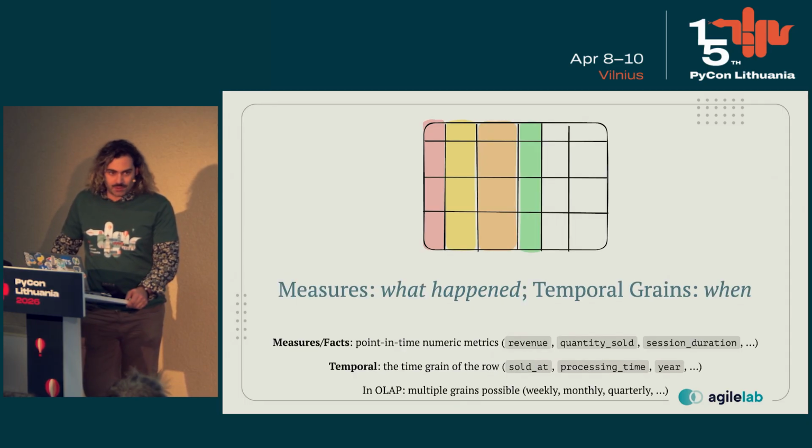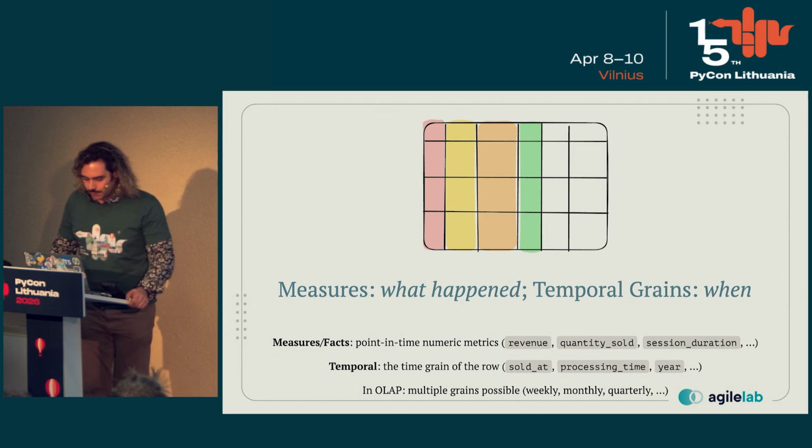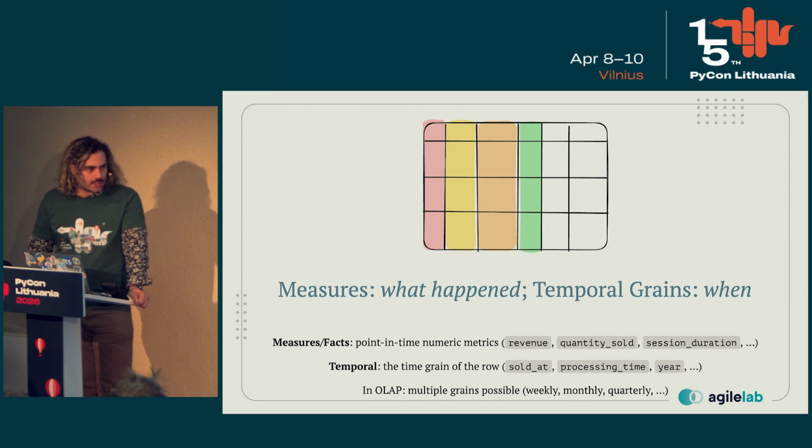Then we have measures. A measure tells you what happened, and they are point-in-time metrics, numbers. They are also called facts. They might have more than one time granularity. So you could have a measure that is associated to a weekly or a monthly or quarterly time grain.